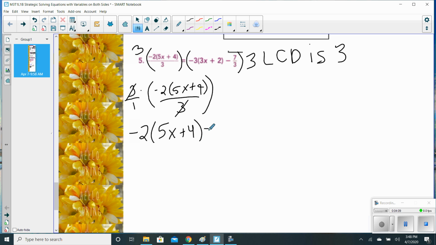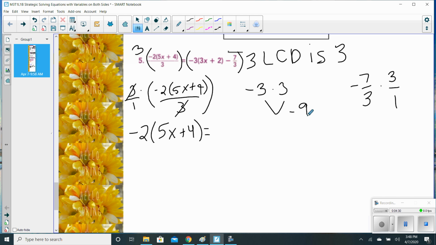Now on the other side, there's a little bit more work that you need to do. So we have the negative 3 outside of the parentheses, so we have to multiply that by 3. And then we also have the negative 7 thirds. So when we multiply that, we can multiply it by 3 over 1. So let's go back here. Negative 3 times 3 is negative 9.